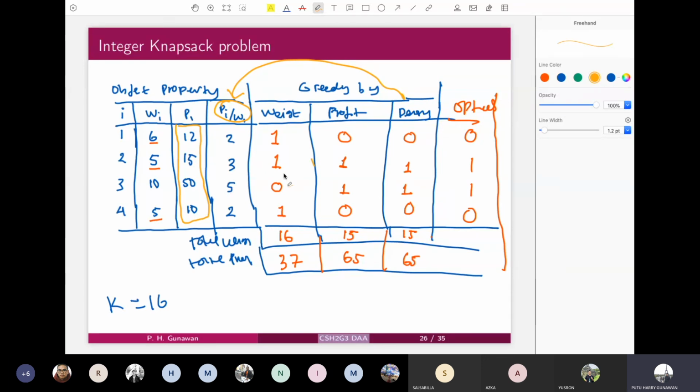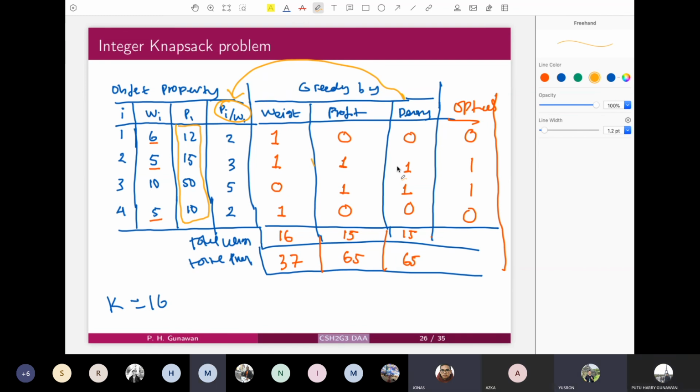So 5 is the highest density, right? So I should pick 5, and then I got 10. And then I choose 3, the next one. Understood, sir.